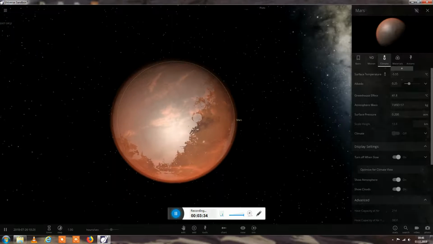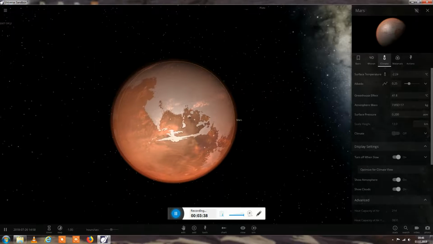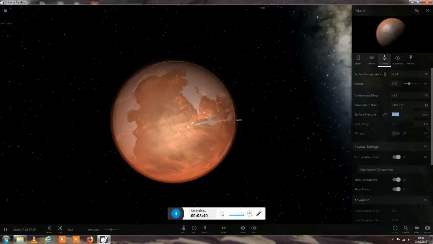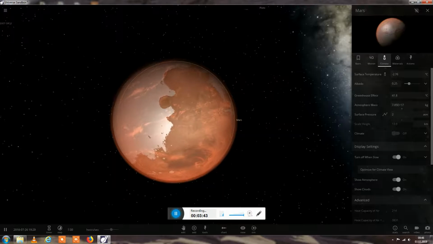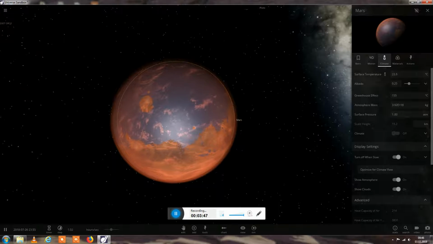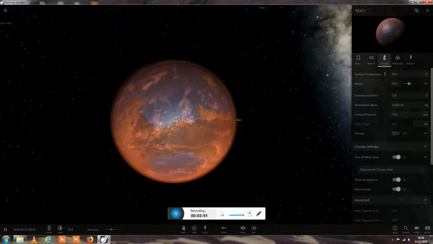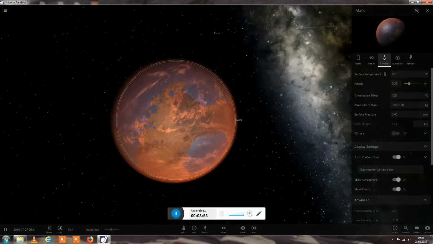See, when Mars first formed, it had a thicker atmosphere. The temperature was a whole lot higher. It may have had water as well. This is what Mars may have looked like before it lost its atmosphere.